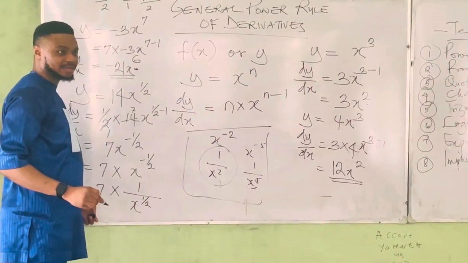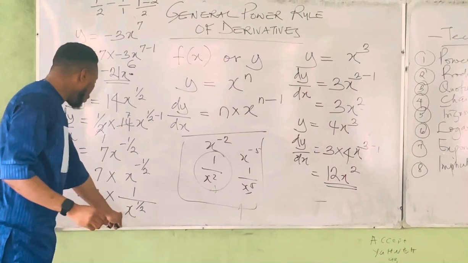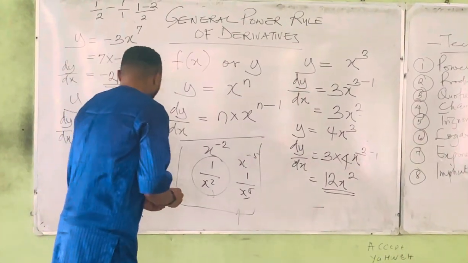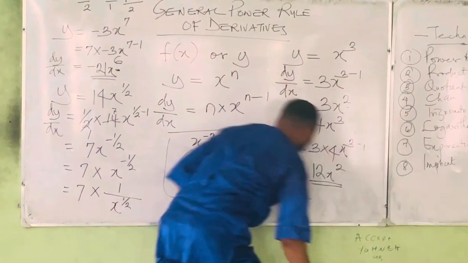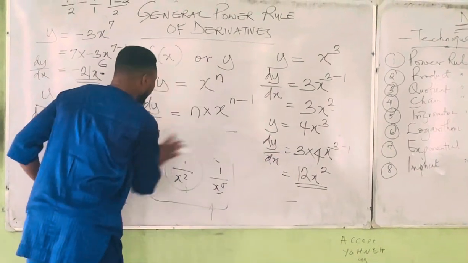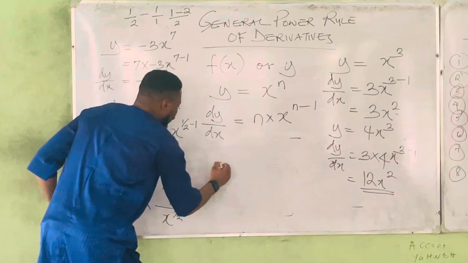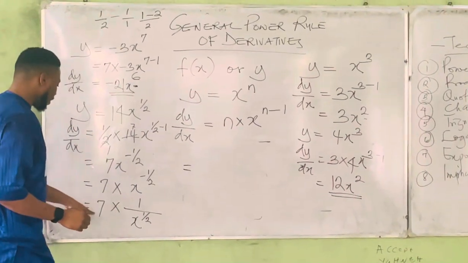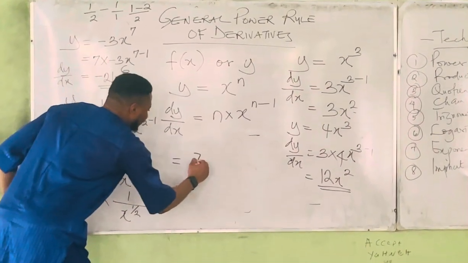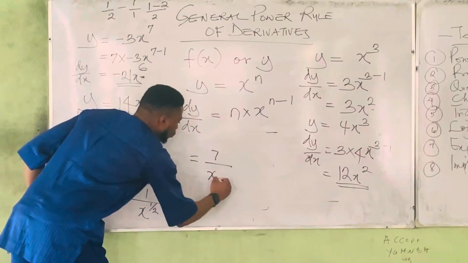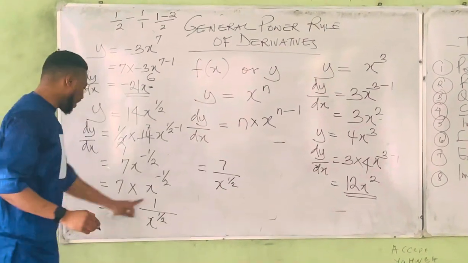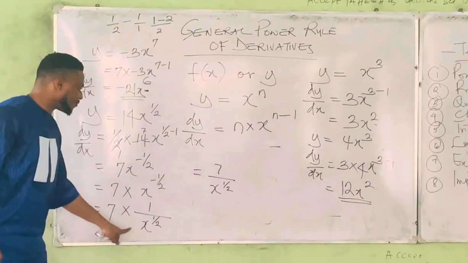Are we together? Because the sign has actually been removed by virtue of changing it to division. So this will now be equal to 7 times 1, which is 7, over x raised to power 1 over 2.